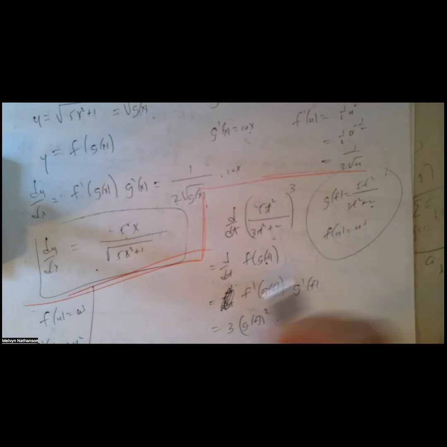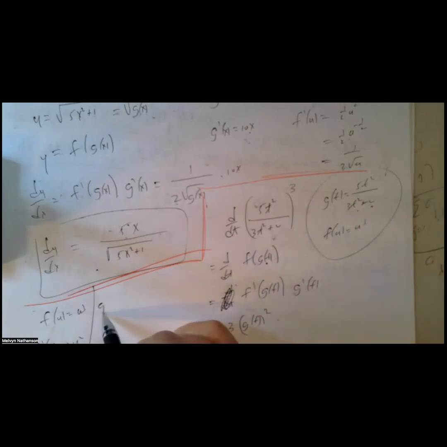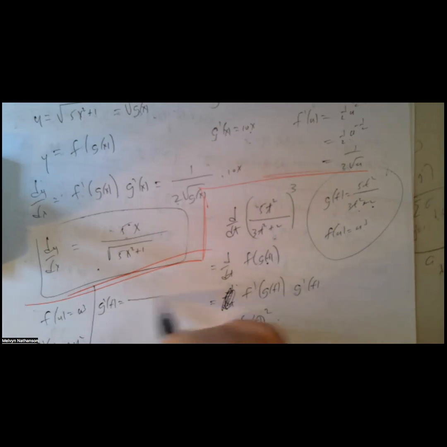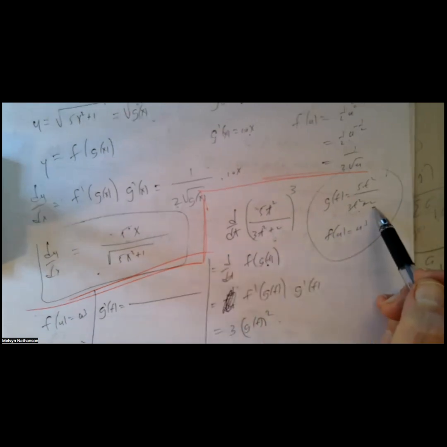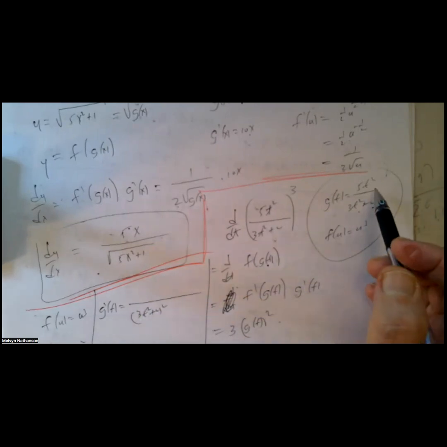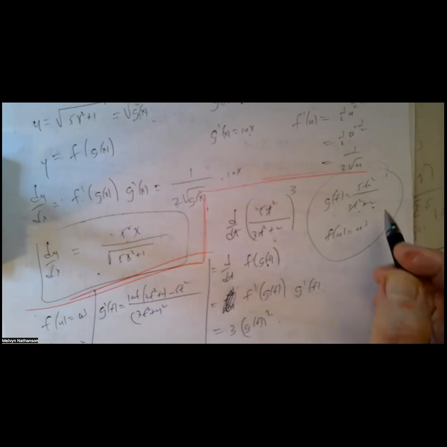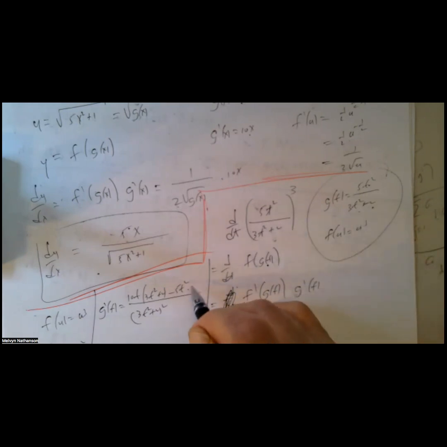For that, we use the quotient rule. This is g of t, so g prime of t: we square the denominator, 3t squared plus 2, squared. It's the derivative of the numerator, which is 10t, times the denominator, minus the numerator times the derivative of the denominator.